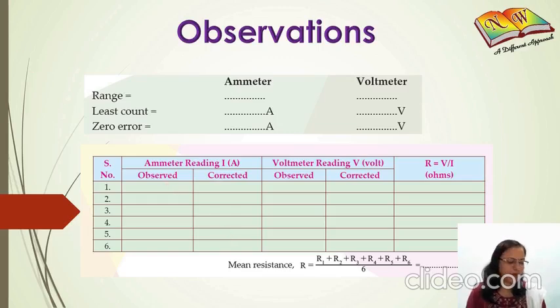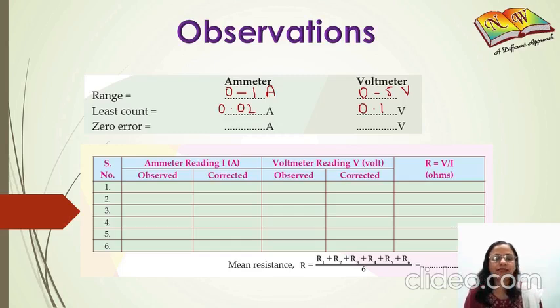The range of our ammeter is 0 to 1 ampere and the range of our voltmeter is 0 to 5 volts, as we have seen in the experiment. The least count, that is the minimum reading that can be measured with our ammeter, is 0.02 ampere, while that of our voltmeter is 0.1 volt.